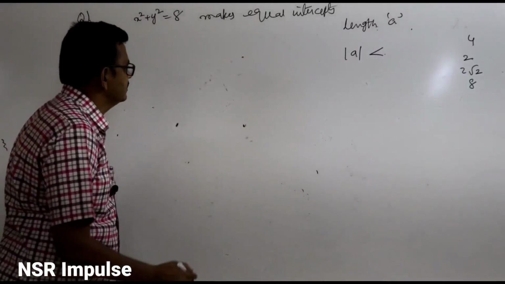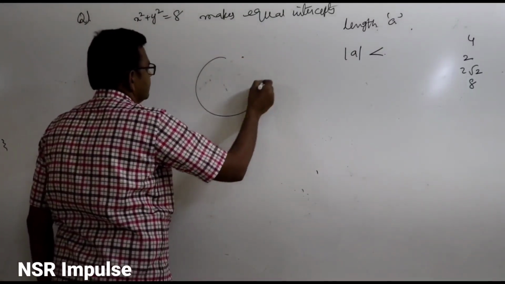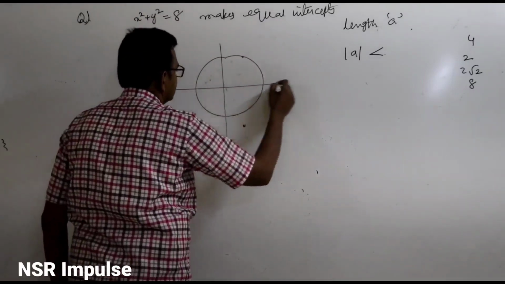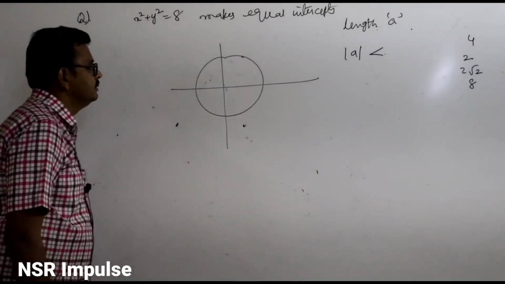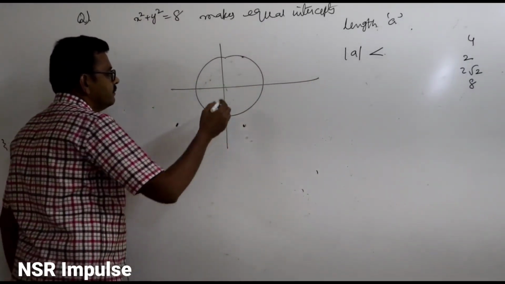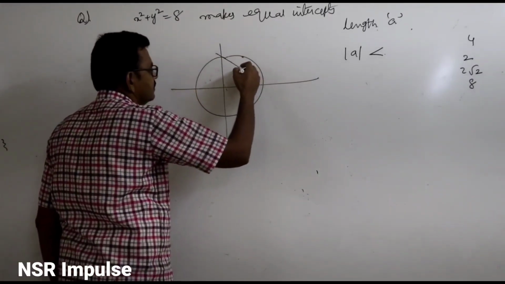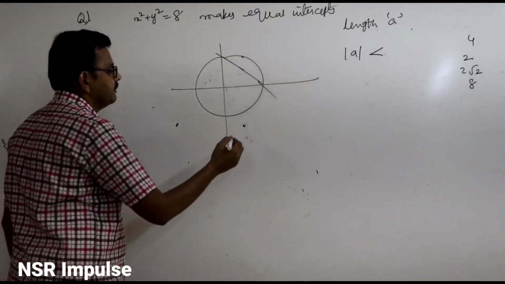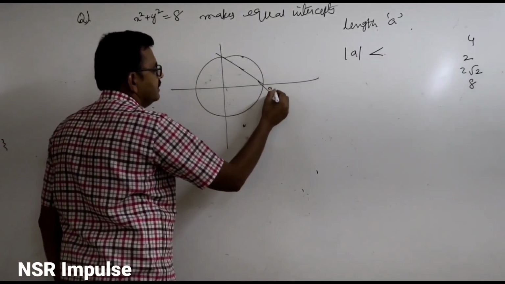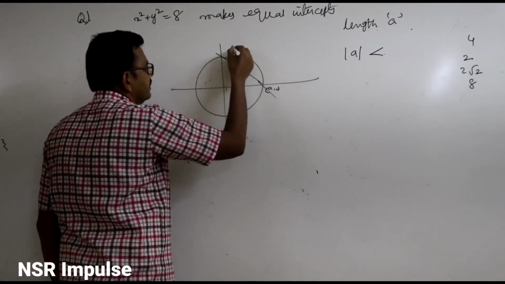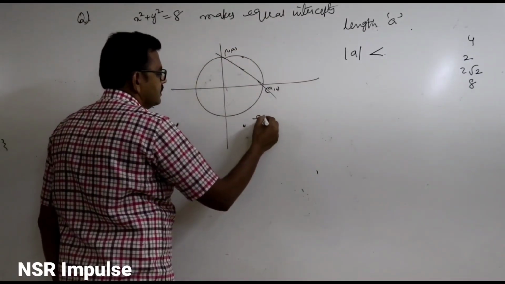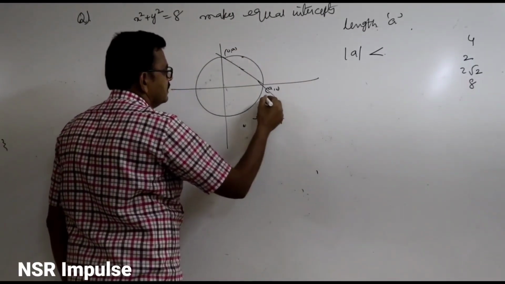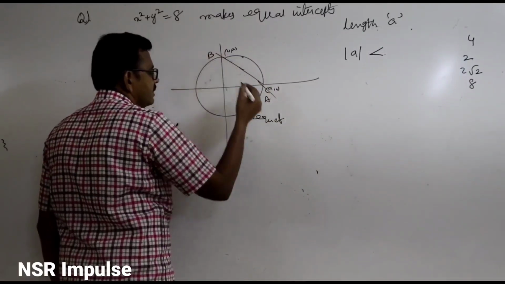Here the center of the circle is 0, 0. The chord makes equal intercepts of length A, so the points are A comma 0 and 0 comma A. Let's call this chord AB.